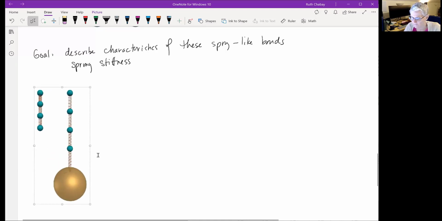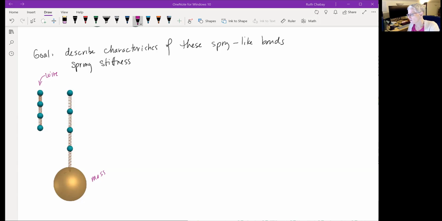This is our representation of a metal wire, just hanging there. And this is a representation of the wire with a mass hanging from it, exaggerated for effect. And so we're talking about here stretching these chemical bonds, and we want to find out how much they stretch and therefore what their stiffness is.